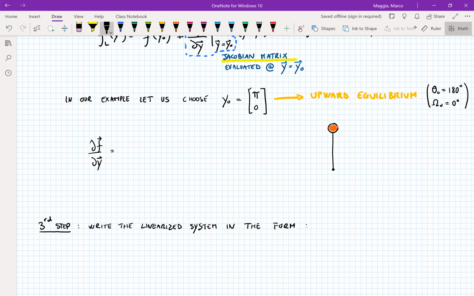Since it's an equilibrium point, the angular velocity is 0. And what about the angular position? Well, the angular position is 180 degrees because we're measuring the angular position from the vertical downward position. 180 degrees is also pi radians.